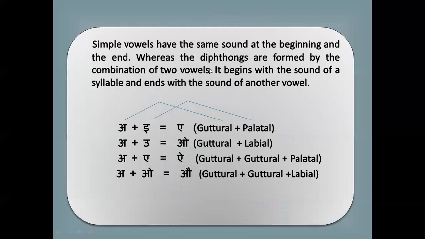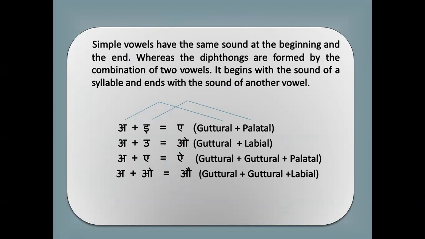And these conjunct vowels, we have seen Samanaswaraha, that is simple vowels, have the same sound at the beginning and at the end. Whereas the conjunct vowels are formed by the combination of 2 vowels. It begins with a particular sound and ends with a particular sound of a vowel.